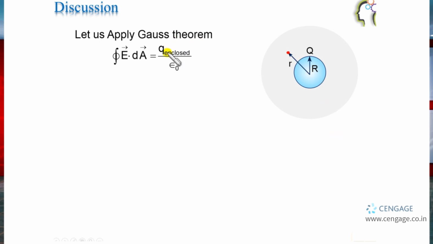And if you observe in this Gauss theorem, in the left hand side we have E dot ds. If the Gaussian surface is spherical, the left hand side should be equal to E multiplied by 4 pi r square, because the electric field vector and area vector on the Gaussian surface will always be parallel to each other, and the electric field magnitude will be uniform on the sphere.